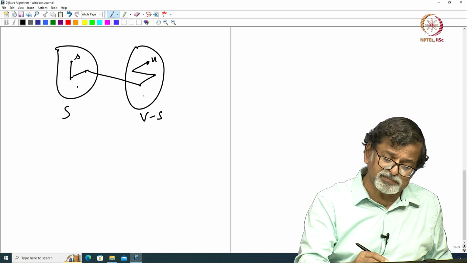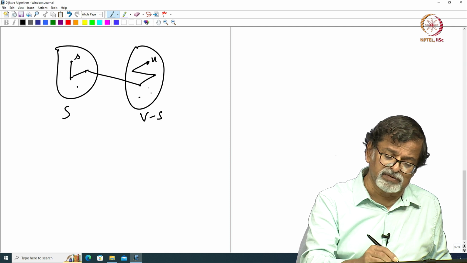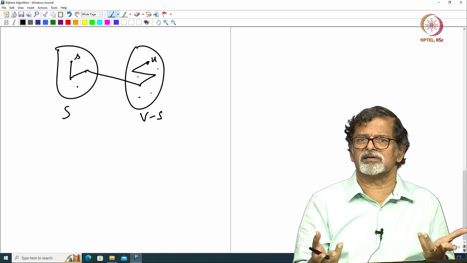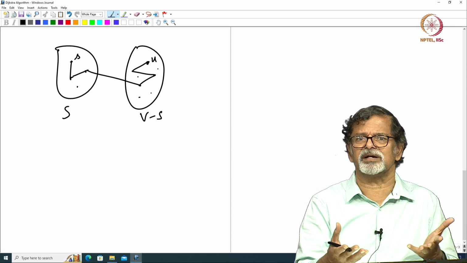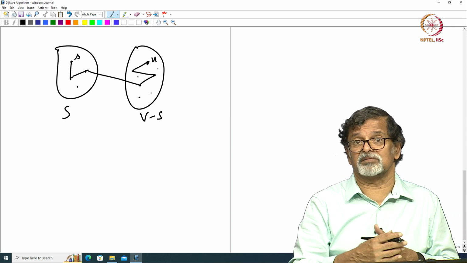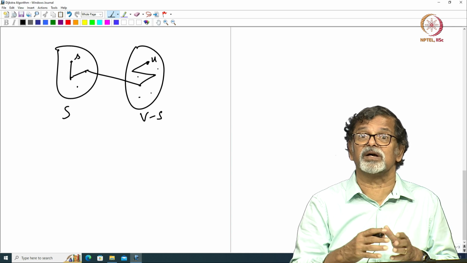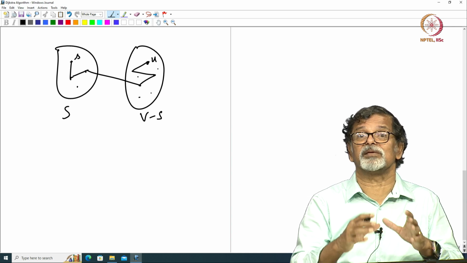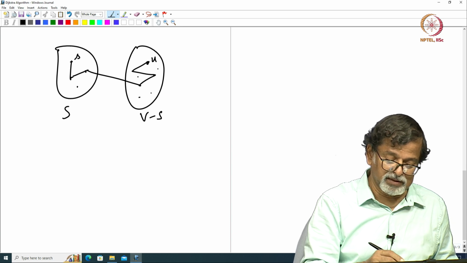So, there are several vertices. For some the special path may be there, for some the special path may not be there, and for some of them more than one special path might be there, and what we are going to maintain is the weight of the shortest special path, okay.